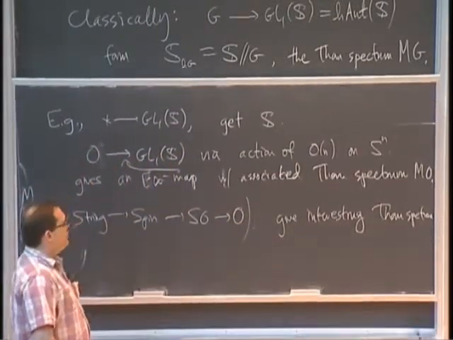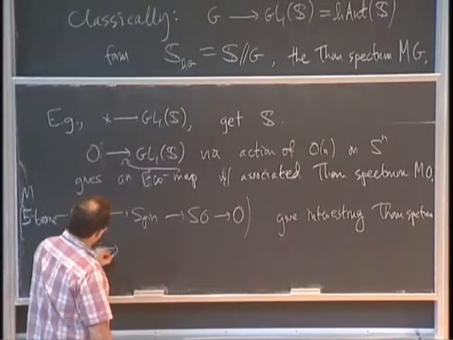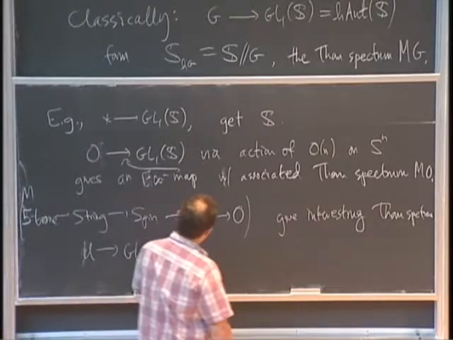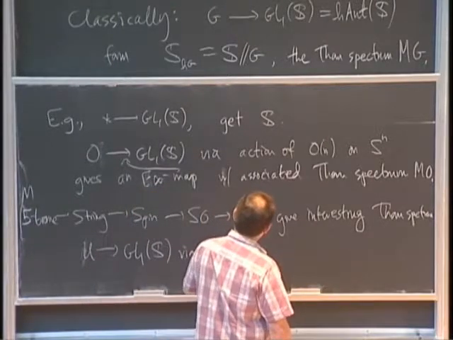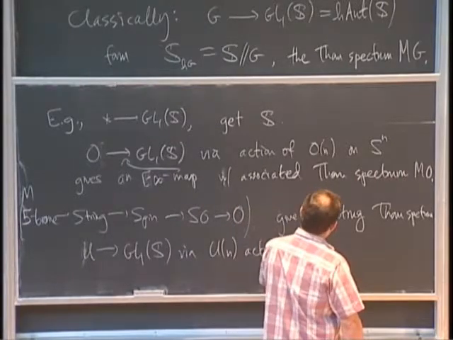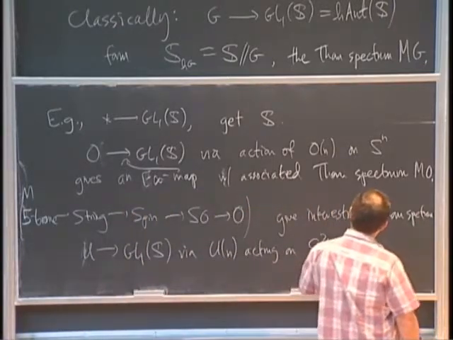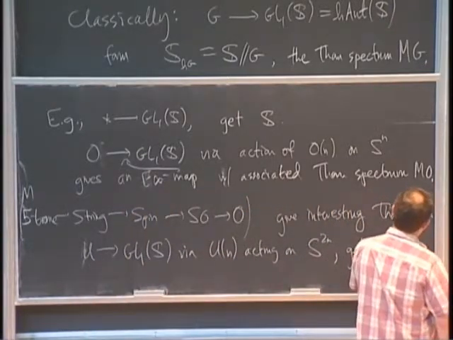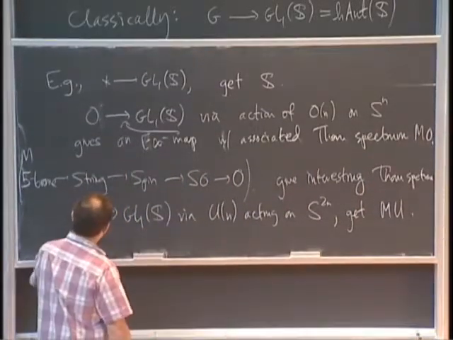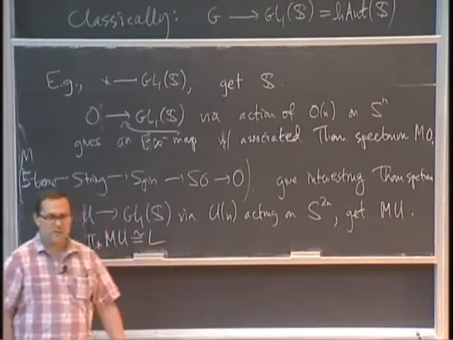Okay, although maybe the most well-known example is we also have U, the infinite unitary group mapping to GL1 of S via U_n acting on the 2n-sphere. And we get MU. Now this one is famous, especially because its homotopy groups are so nice. It's isomorphic to the Lazard ring.